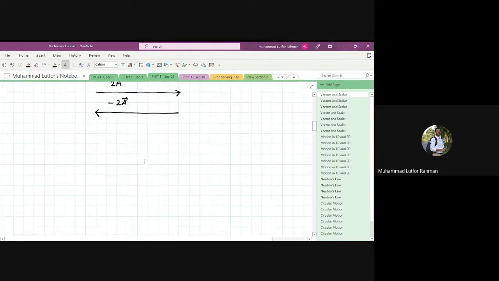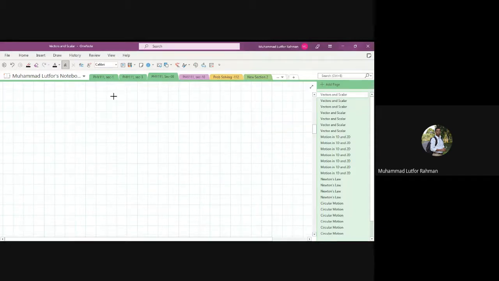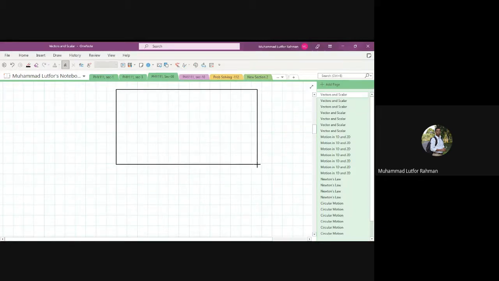But let's think about one case actually. Say you have a table. It's a top view of the table.